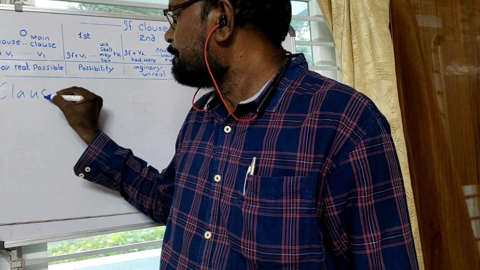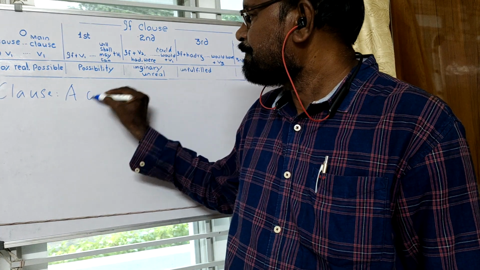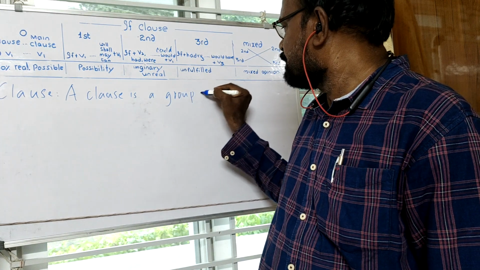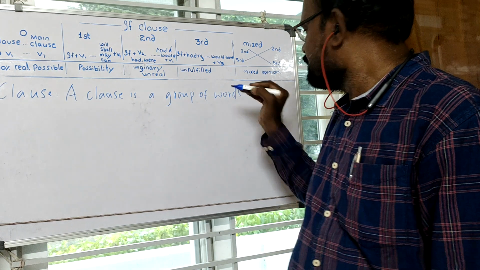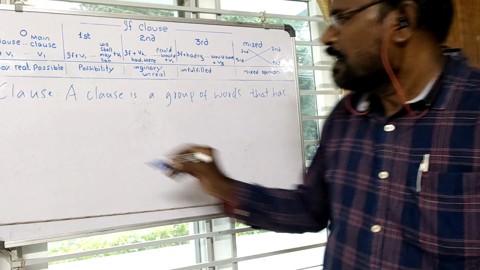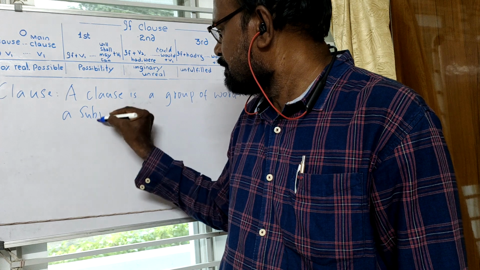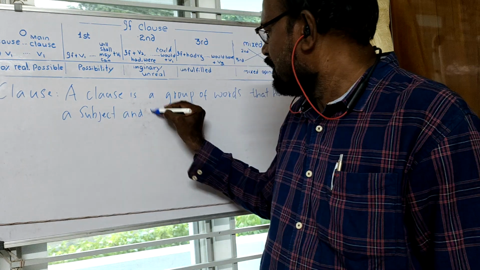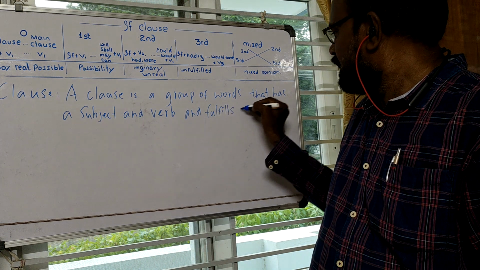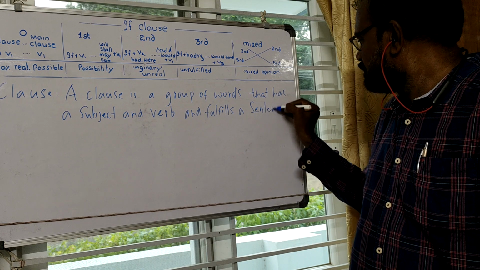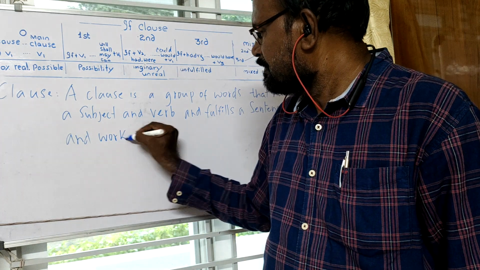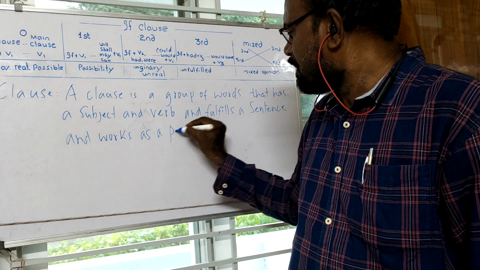A clause is a group of words that has a subject and a verb and fulfills a sentence and works as a part of a sentence.